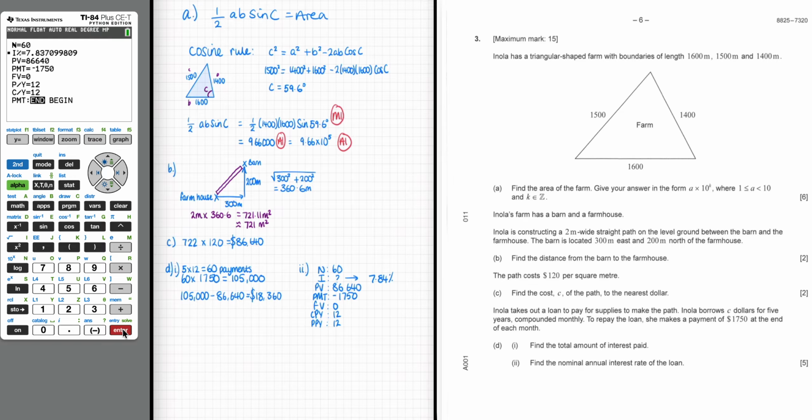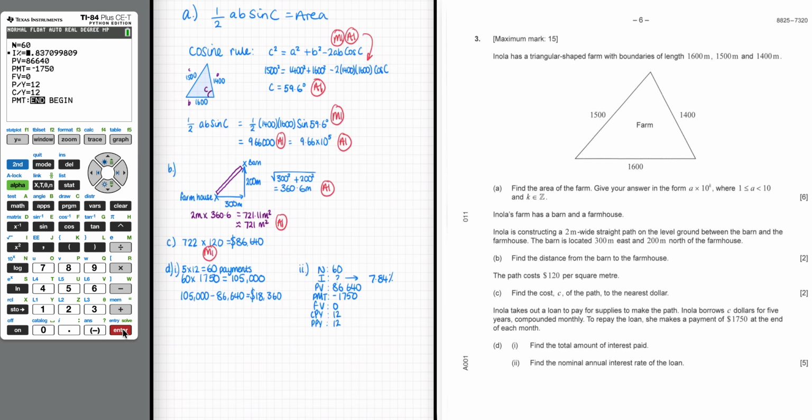There are 2, so one for the method and one for correctly subbing in using the cosine rule, and one for the answer of finding the internal angle. Now you might have found a different angle rather than that one. That is also okay. Maybe you labeled C as this one here, for example. That is also fine. And then part B was 2 marks. One is for finding the length with Pythagoras, and then the second is to find the area of the path.